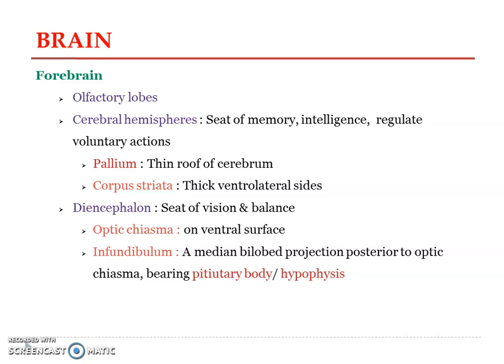Posteriorly, the lateral ventricles communicate with each other and also with the ventricle of the diencephalon. The ventricle inside the diencephalon is known as the diacele or diocele, and the two lateral ventricles and the diocele communicate with each other by an opening referred to as the foramen of Monro. We will look at these again in detail when we discuss the ventricles specifically.